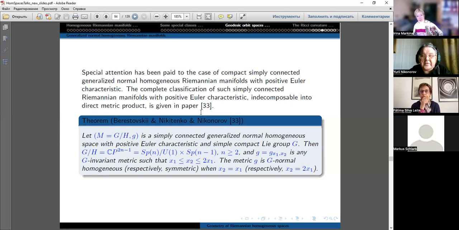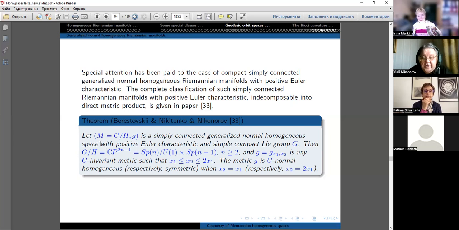Hence, we have a strange class. It's more than normal homogeneous, and it's a part of geodesic orbit, and the inclusions are strict from both sides.